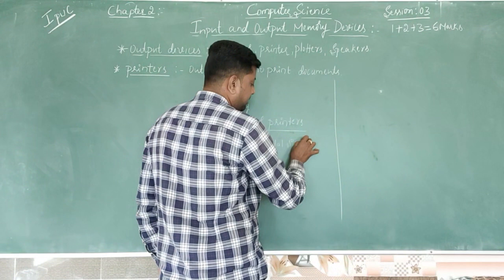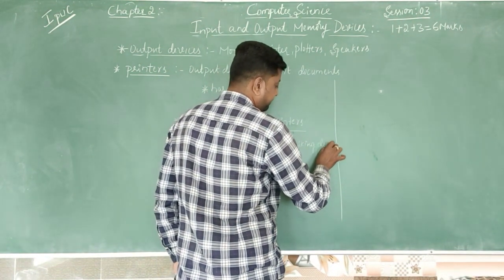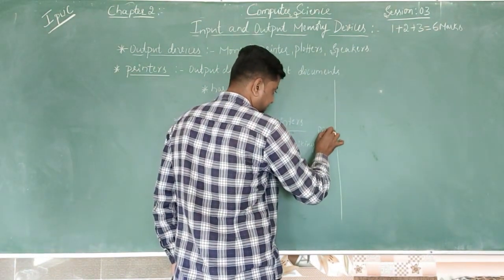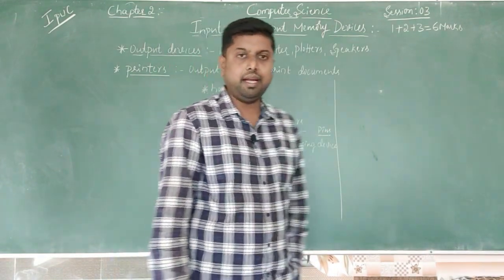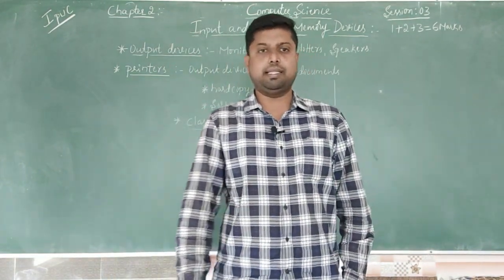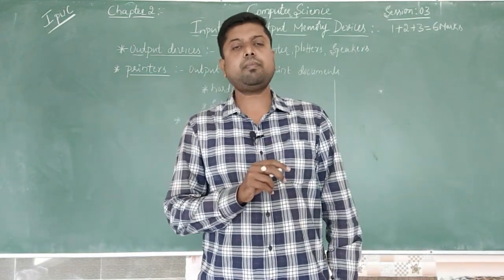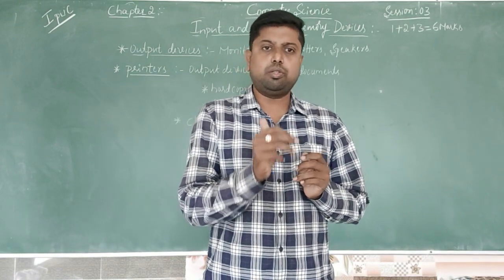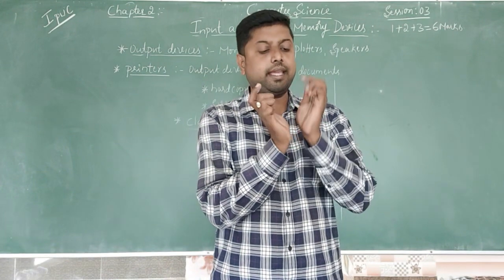striking device or metal striking pins. The heads contain metal striking pins. What is that metal striking pin? Or what is a metal striking head? See, dear students, if any printer wants to print the document, it needs a striking device.